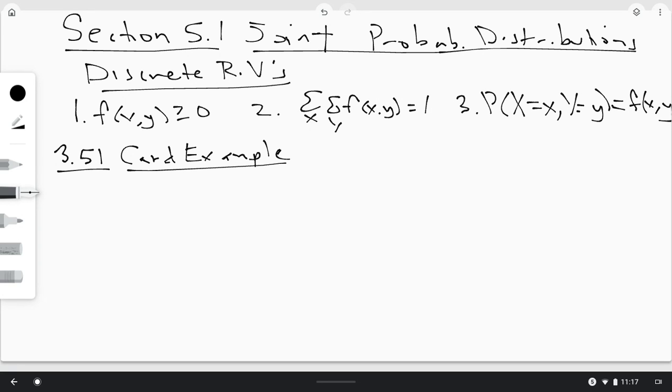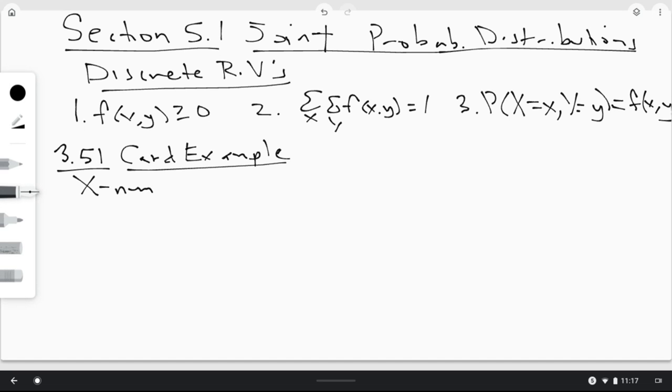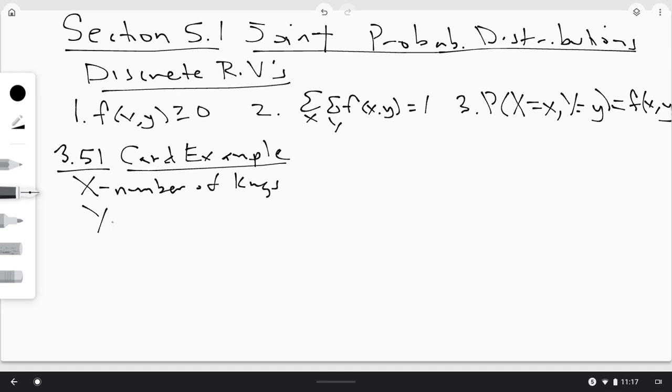It says this: 3 cards are drawn without replacement from the 12 face cards, Jack, Queen, and King. So there are 4 Jacks, 4 Queens, and 4 Kings of an ordinary deck of 52 playing cards. Let X be the number of kings and Y the number of jacks.